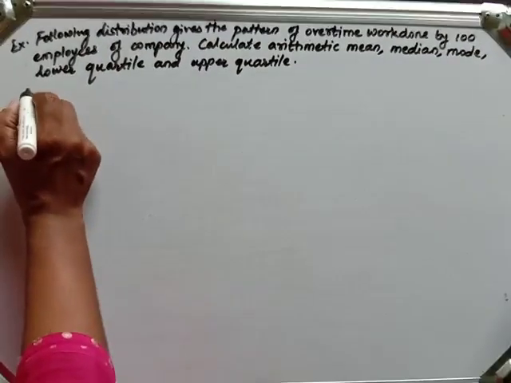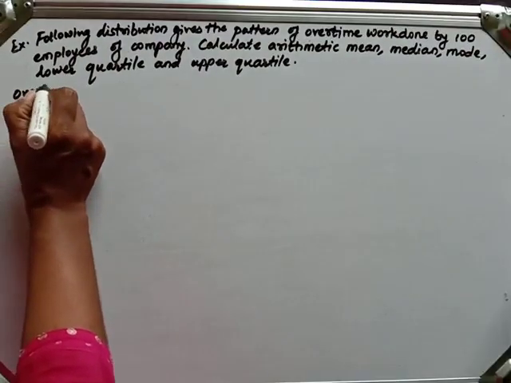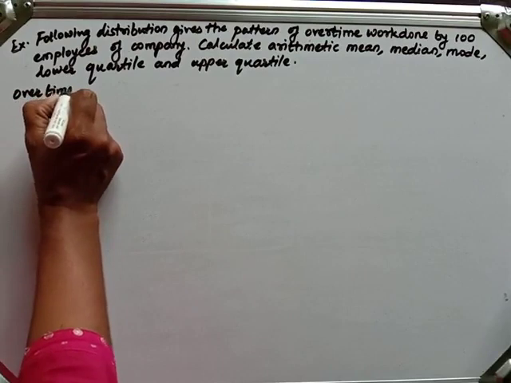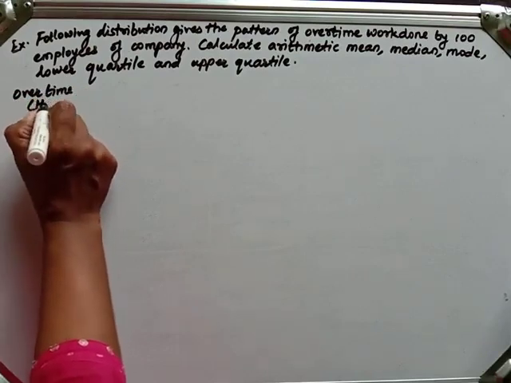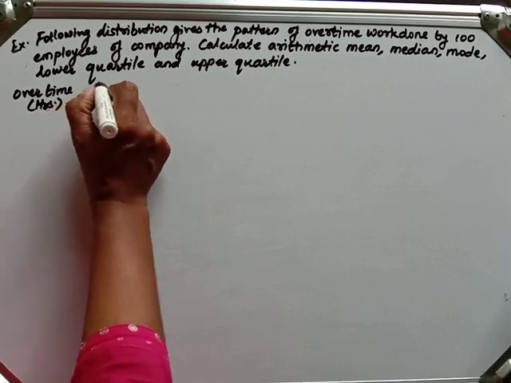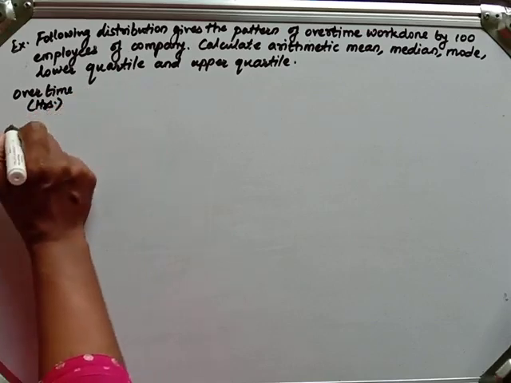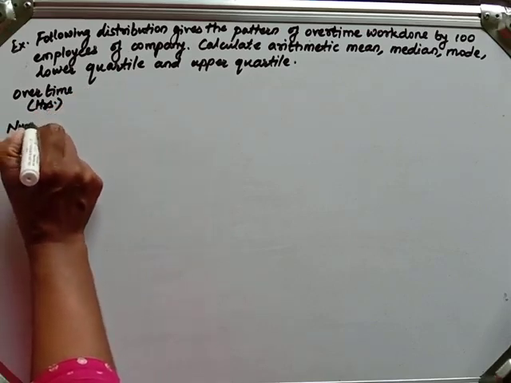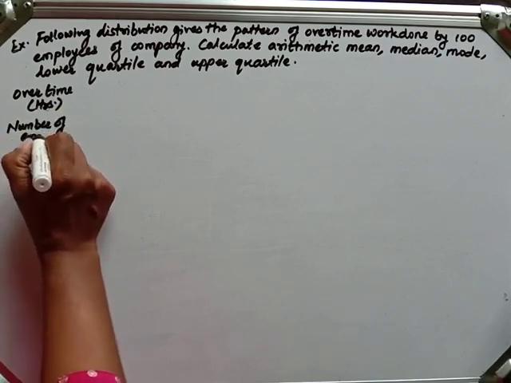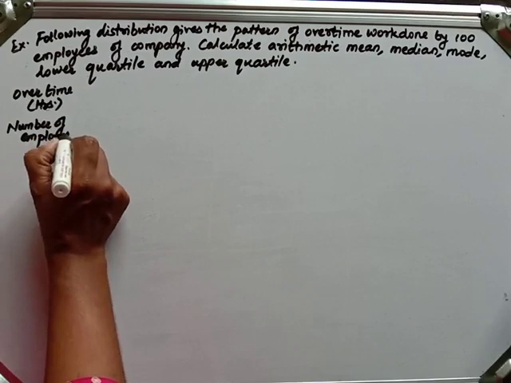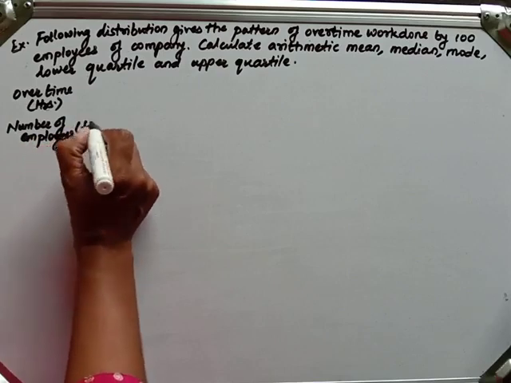Now overtime hours. This is given in hours. Now number of employees. These are nothing but the frequencies.